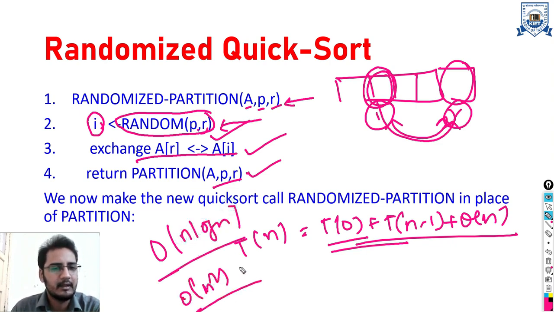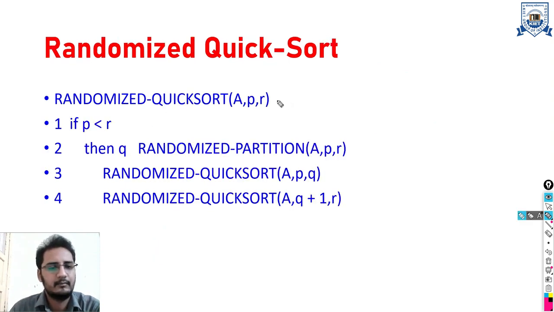Now let's write the randomized quicksort algorithm. In the randomized quicksort algorithm, you are calling a function randomized quicksort on the array A from P to R. P is the starting index, R is the last index. So if P is less than R, you are calling randomized partition. As you saw in the last slide, how we call randomized partition, you select any element, swap it with the last element, and you call the partitioning algorithm.